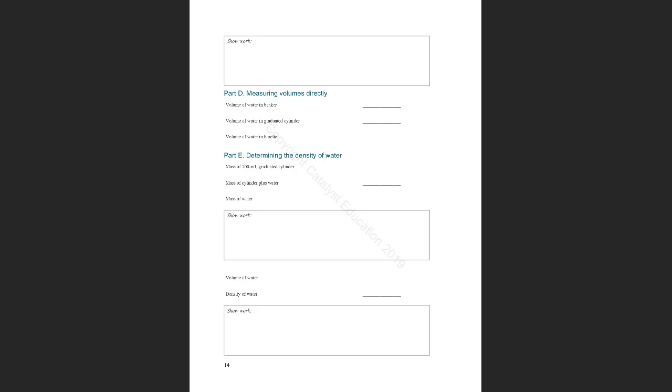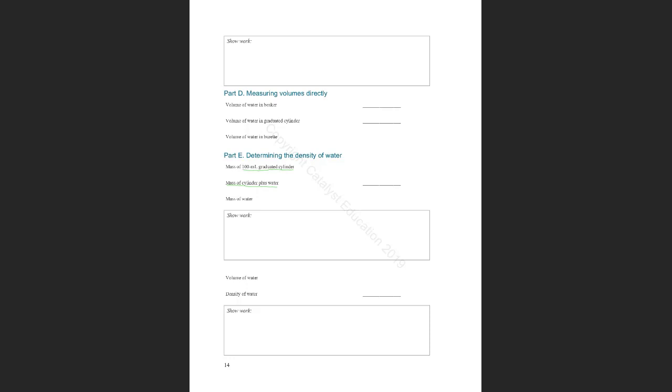So basically they will give you all this information. This is something they will tell you. And here, for the mass, again, the mass of 100 ml, the empty cylinder, and the mass of the cylinder plus water.